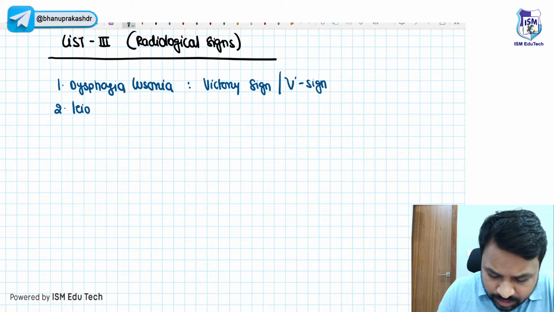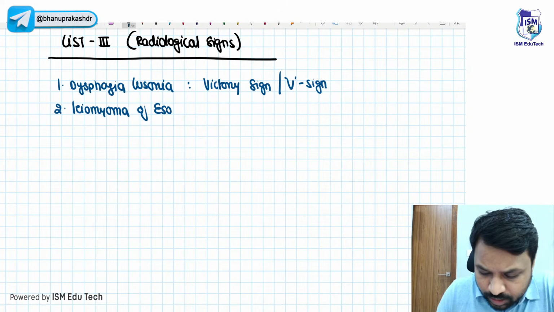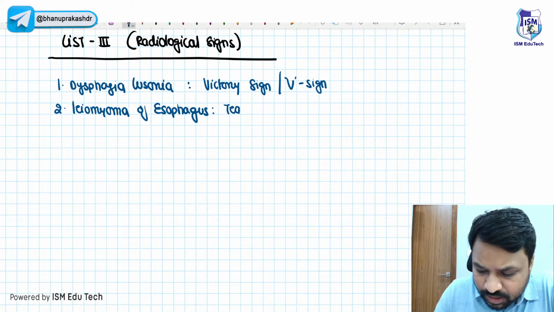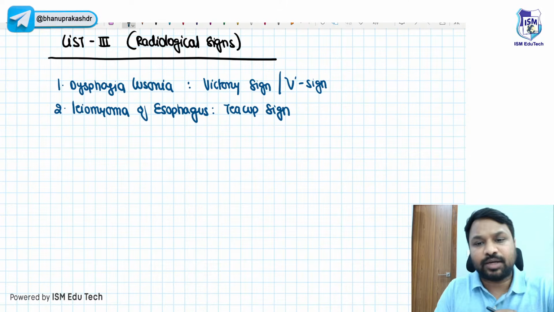Number two, leiomyoma of the esophagus. In leiomyoma of the esophagus, we see a classical teacup sign, right?